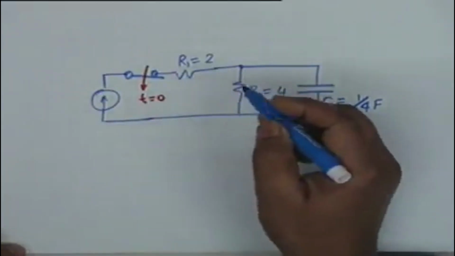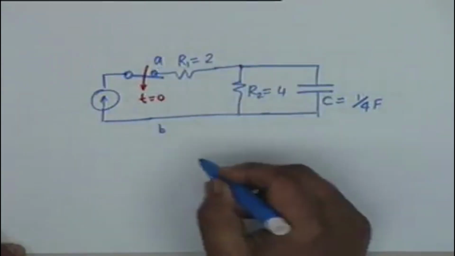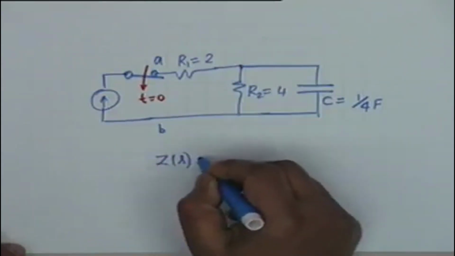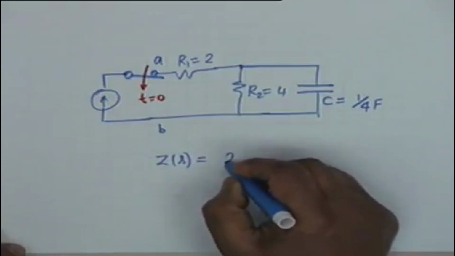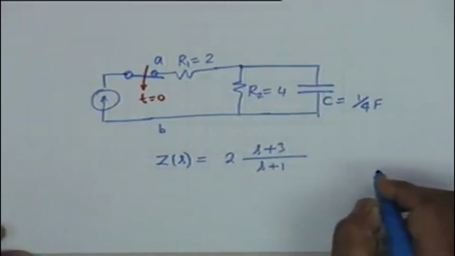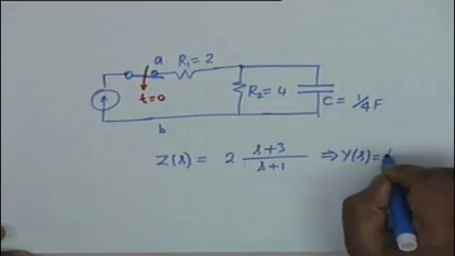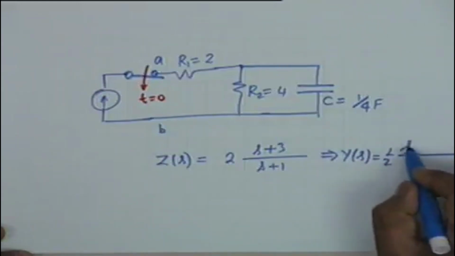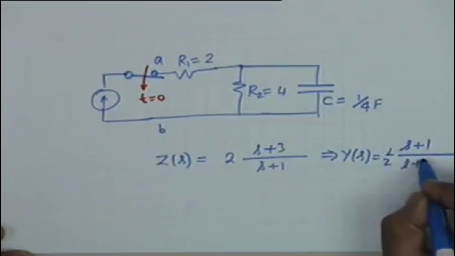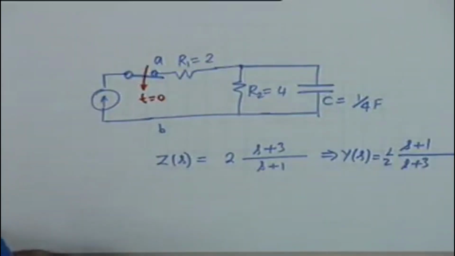Between these 2 points, let us say A and B, the impedance we have already found out, Z of S is 2 times (S plus 3) divided by (S plus 1), or Y of S is half times (S plus 1) divided by (S plus 3). So the zero of Y is at S equal to minus 1.